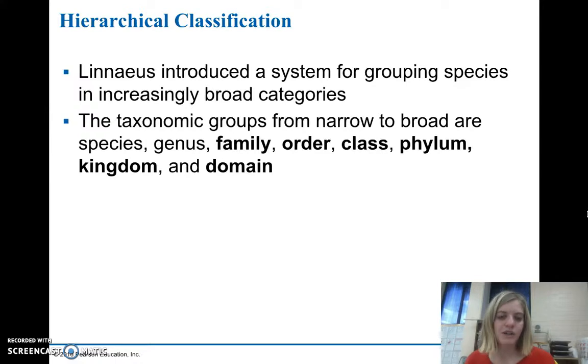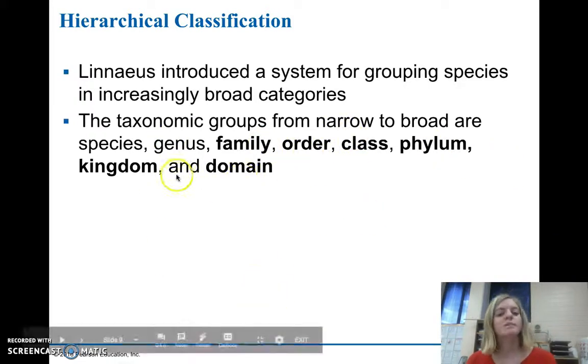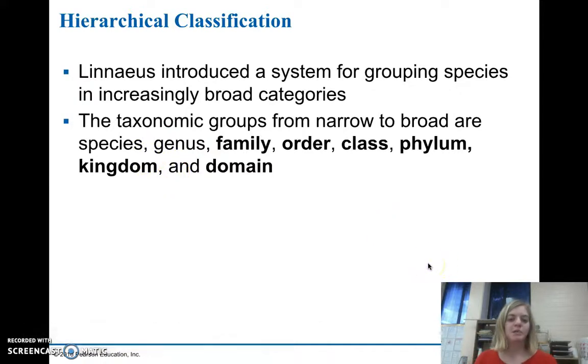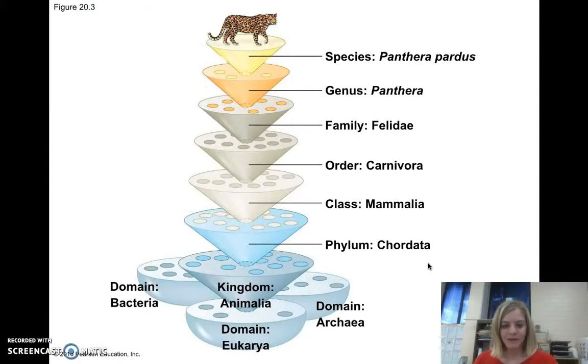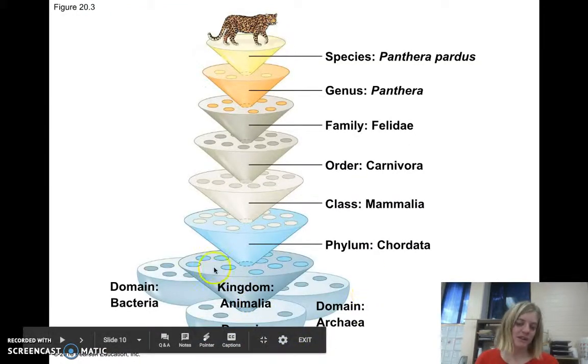And then also we know that these organisms are placed into categories. So like I said, we've got kingdom, phylum, class, order, family, genus, and species. And then we have the three domains, bacteria, archaea, and eukarya, essentially.